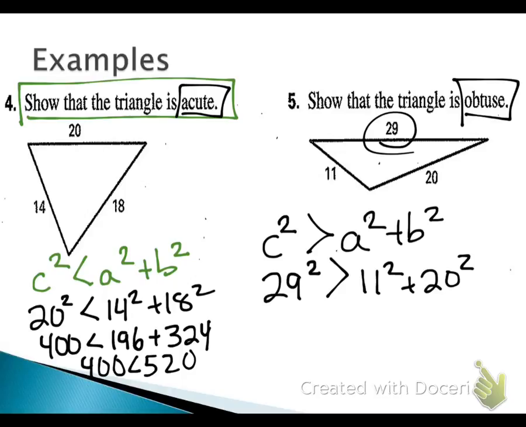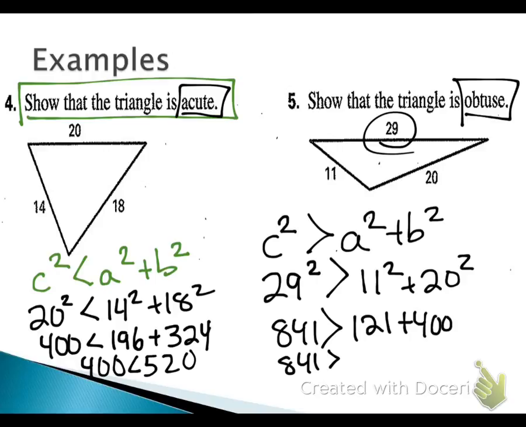So 29 squared, I'm getting 841. So 841 is greater than 521. That's all I need to show. You're just showing the work to support the fact that C squared is greater than A squared plus B squared.